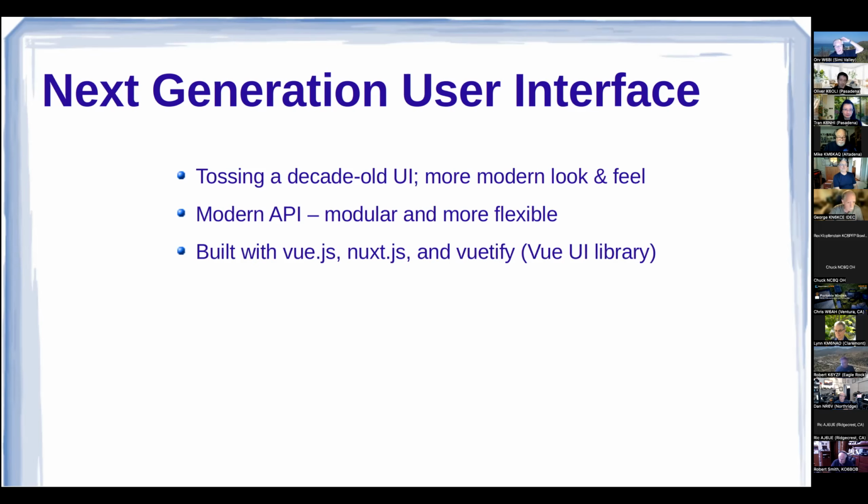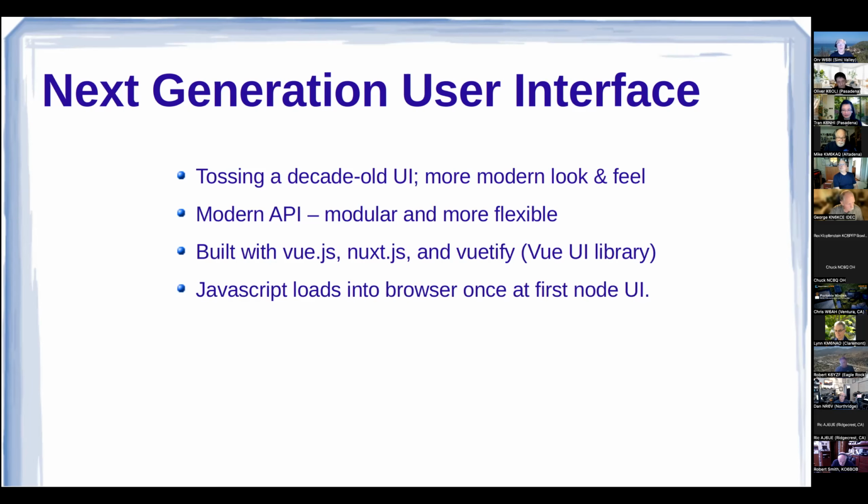And it's all JavaScript, Vue.js, nuxt.js, and Vuetify, which I guess is a play on Beautify. But all of these allow them to very flexibly create a new user interface.